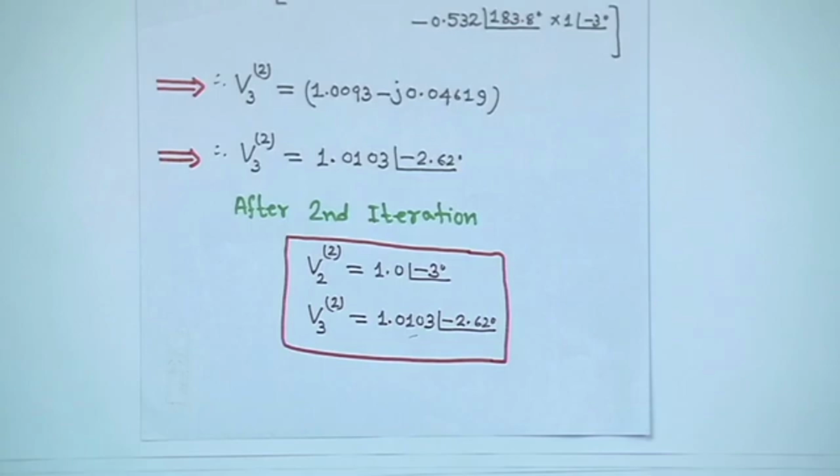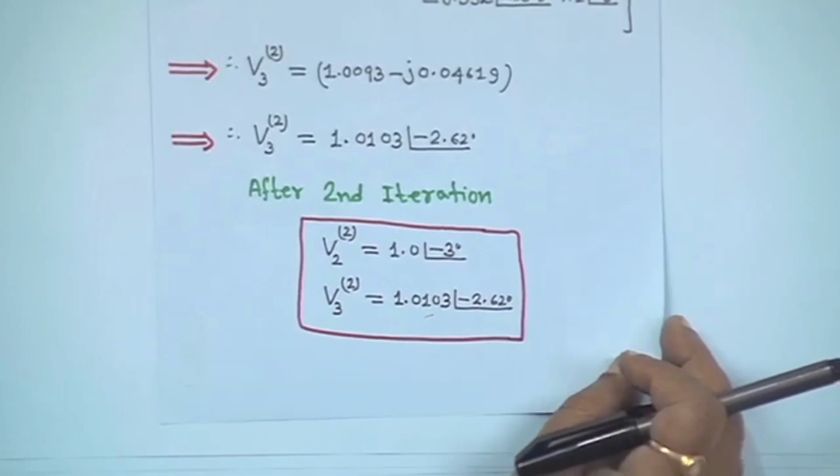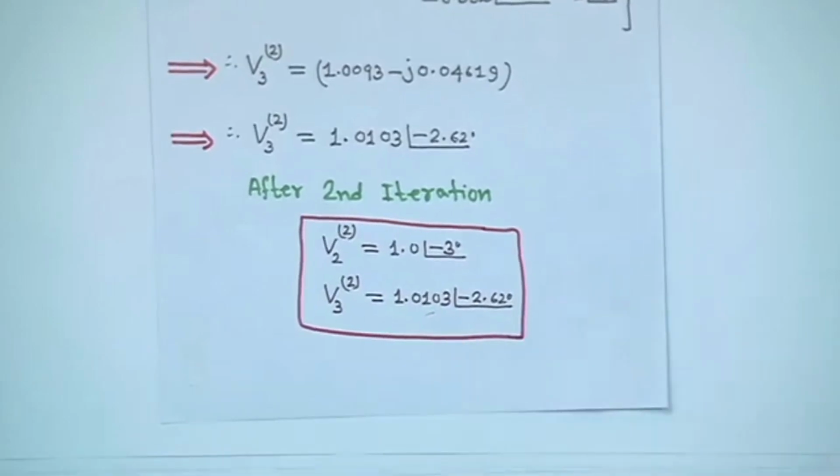Different versions of consideration of PV buses are there in the literature for the Gauss-Seidel method, but I have given you this version because I found it quite easy. Next we will take the Newton-Raphson method, but before that, a little break. Thank you.